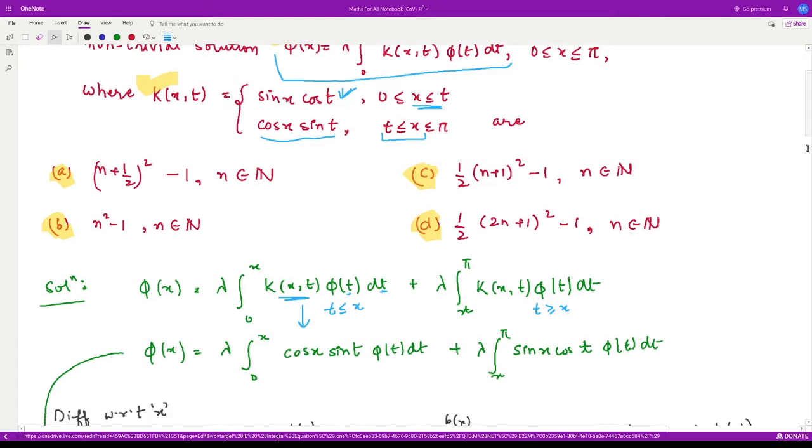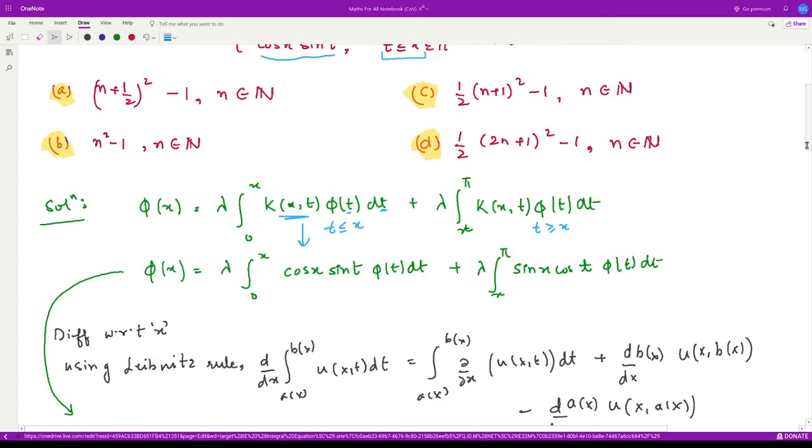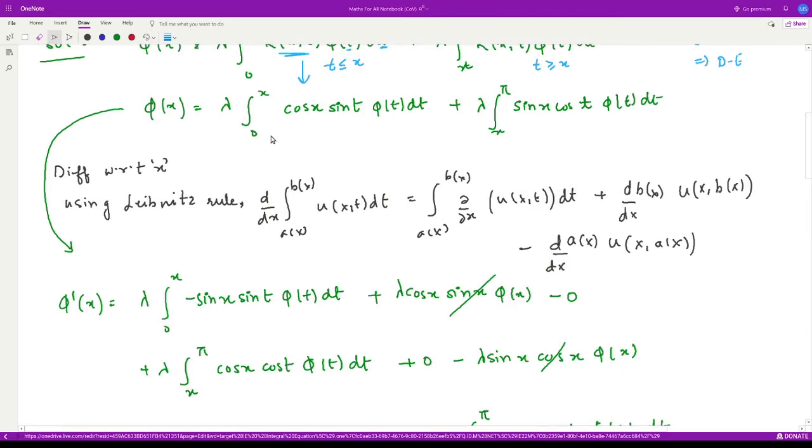Now we shall solve it by differentiating it. That is, we are converting the given integral equation into the corresponding differential equation. So let us differentiate the given equation. The left hand side phi x becomes phi dash x, and on the right hand side we have to take the derivative of the integration term.